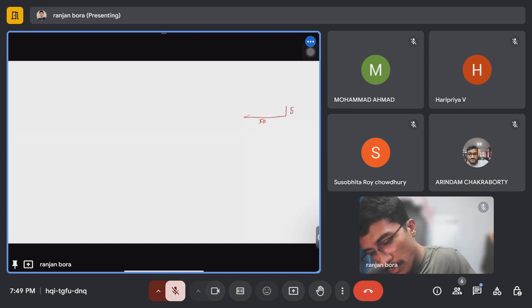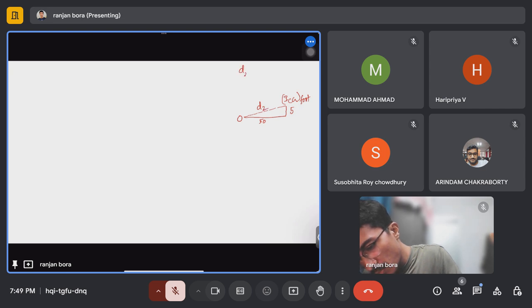So this is I CG of foot, and this is point O, and this is d2. d2 is 50.25 centimeter.